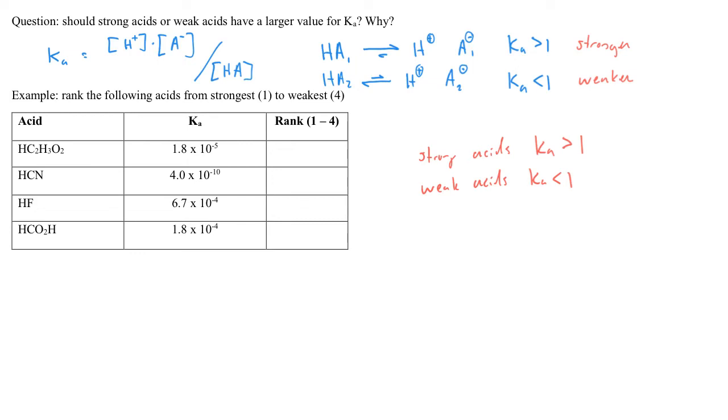And then the second strongest would be this formic acid with 1.8 times 10 to the minus 4. So that is the Ka, or the acid dissociation constant, or acid equilibrium constant. And it's a useful value. Experimentally, it's easy to get at because we have pH meters, which indirectly measure the concentration of the proton in the solution. So it can be determined relatively easily in any lab.